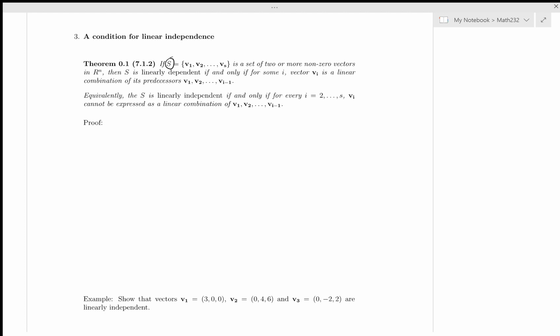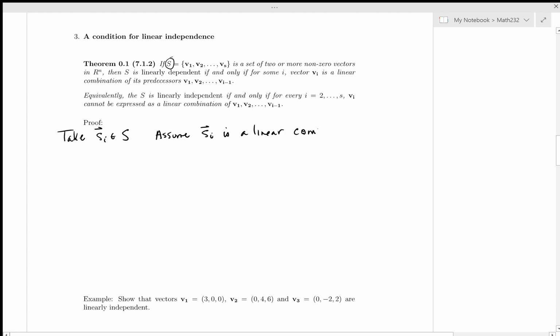So what we're going to do is take si from the set S. We're going to assume that si is a linear combination of s1 all the way to si minus 1.